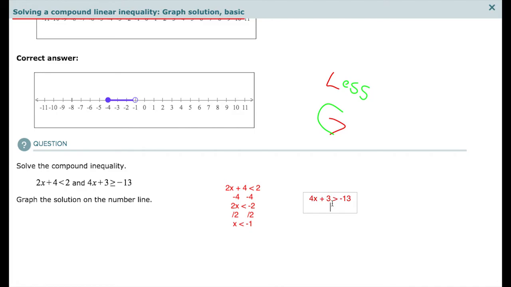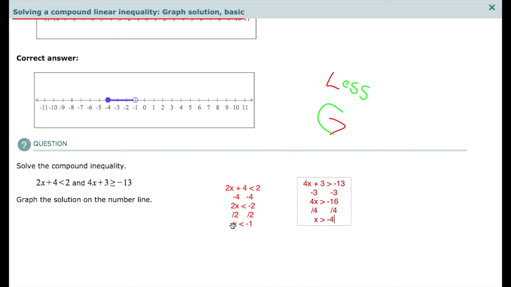You want to subtract 3 from both sides first. Then you'll still have 4x is greater than or equal to negative 13 minus 3. Since they're both negative, it's negative 16. Think of it as you owe someone $13 and you owe someone else $3. You owe a total of 16. We need x by itself, so we're going to divide by 4 on both sides. Negative divided by positive is a negative.